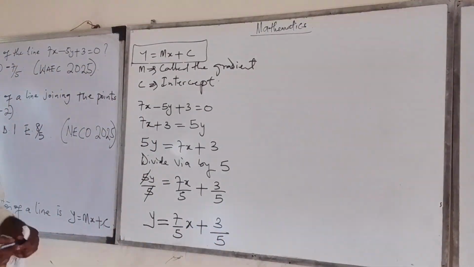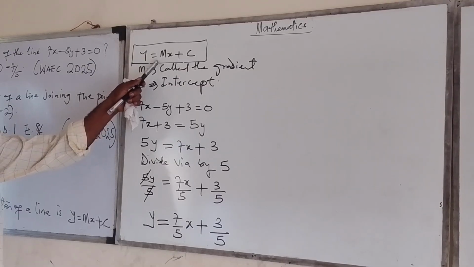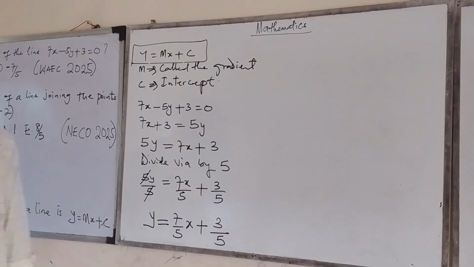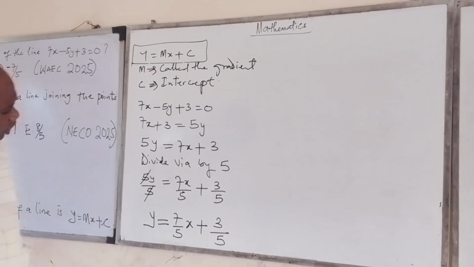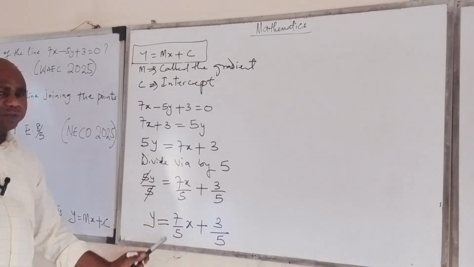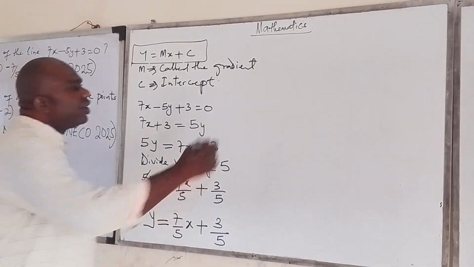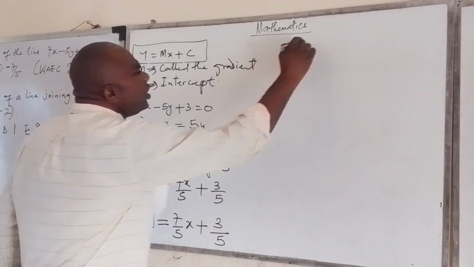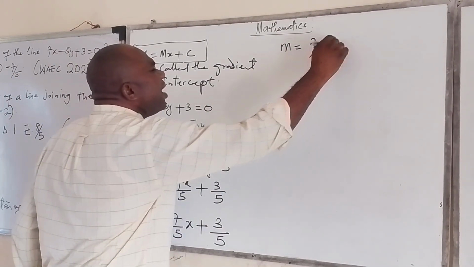Now remember I told us that m is the gradient. You can either call it gradient or slope. So if you look at the position of this m, that's where you have 7 all over 5. So the gradient m from this equation is 7 all over 5.